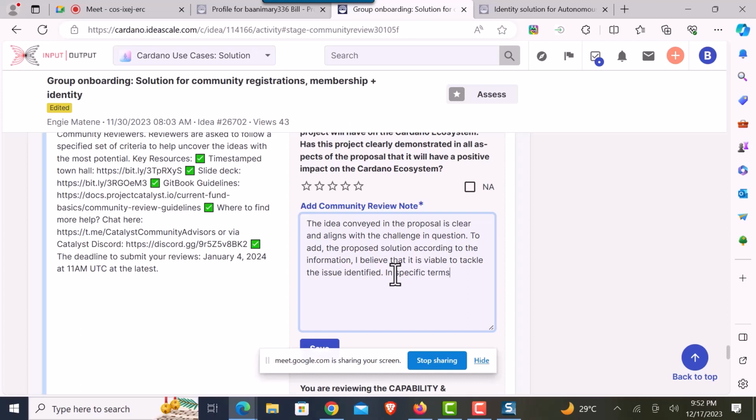In specific terms, this is just language I will use. It's not a strict listing.